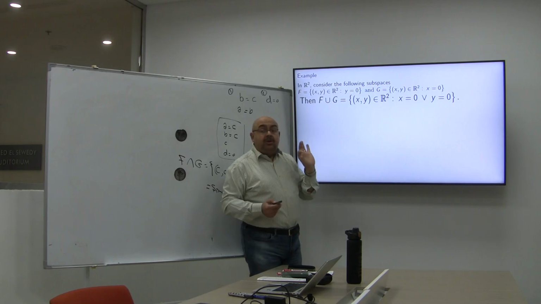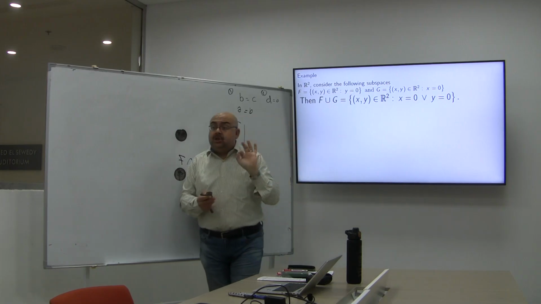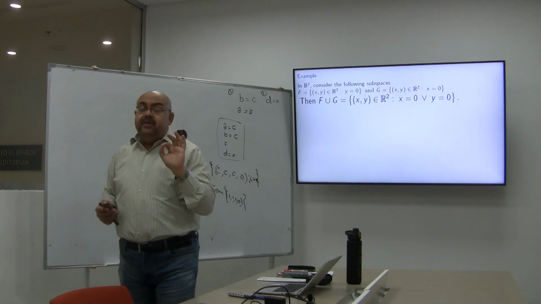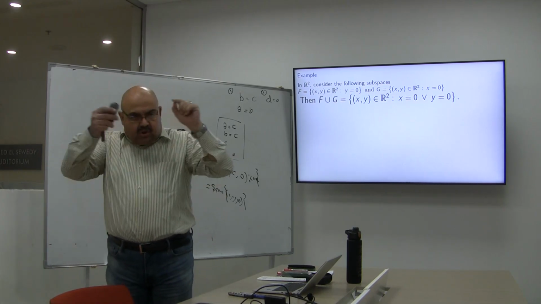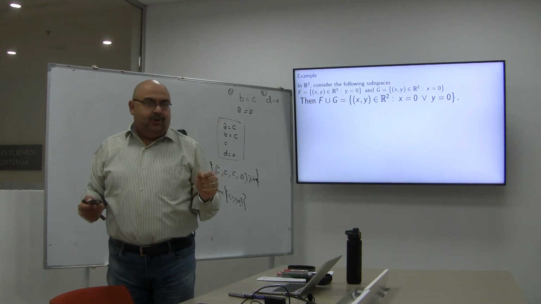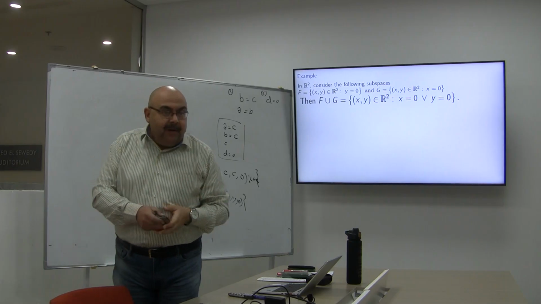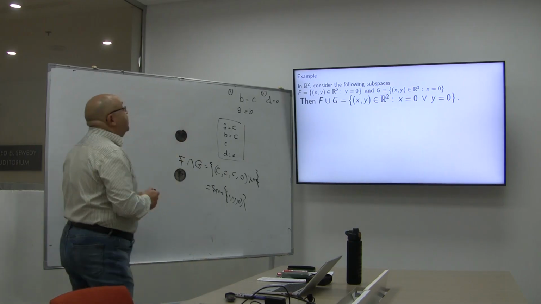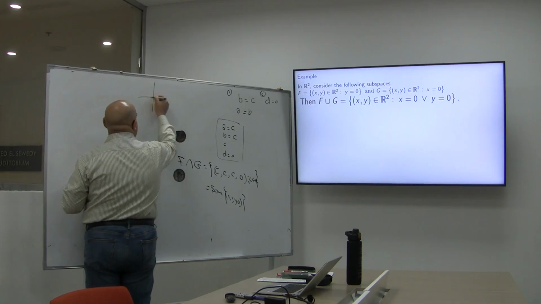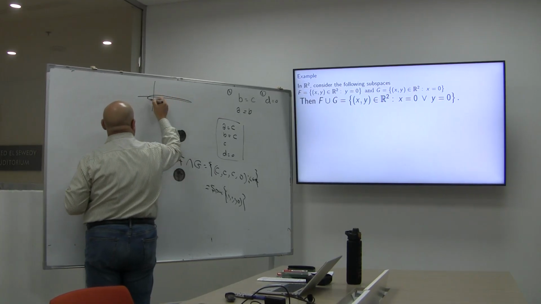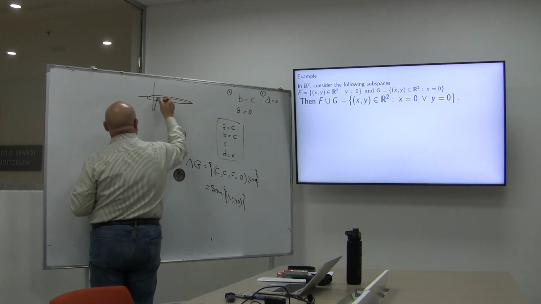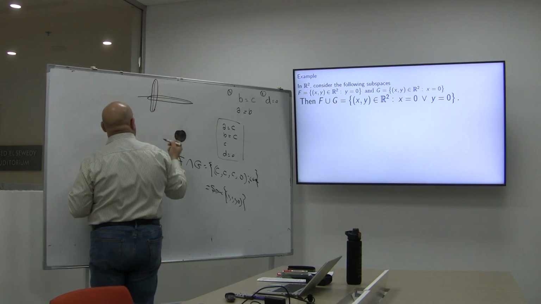And these conditions are not going to cover the rest of R2, so it's not going to be closed under addition. Once more, the first set is going to cover x and 0, which is the x-axis. The second set is covering all the elements on the y-axis.